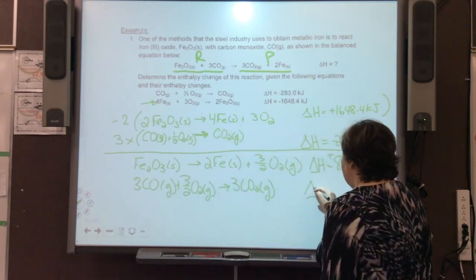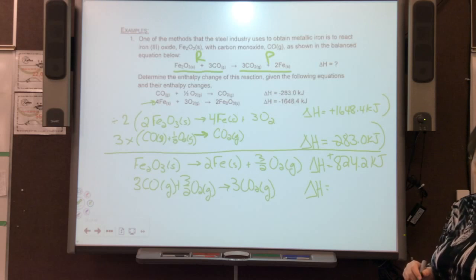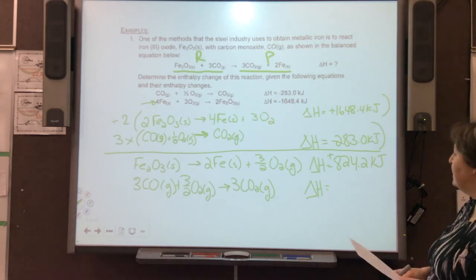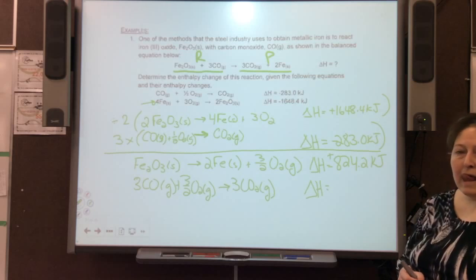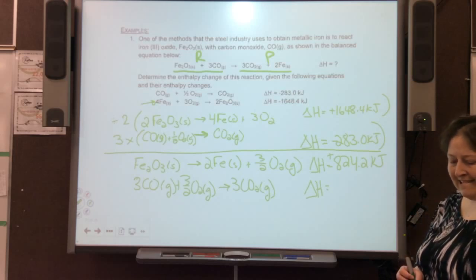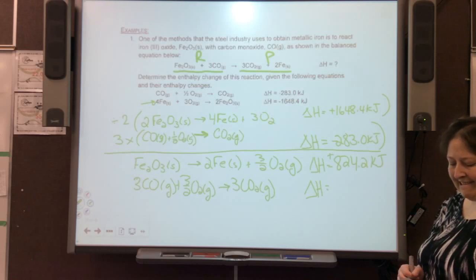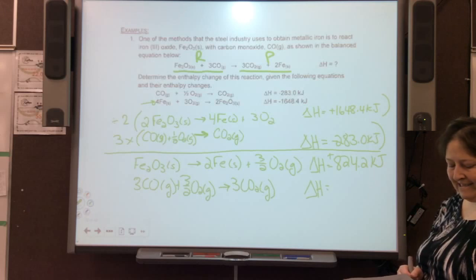And our new delta H is going to be 3 times negative 283.0, which gives us what value? Negative 849.